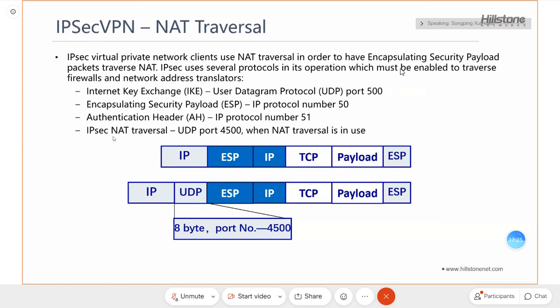And for the traversal, if NAT traversal is enabled in the firewall, we will add UDP port 4500 to support the IPsec NAT traversal. So this function is used when there are any NAT devices or NAT functions in use between both sides.